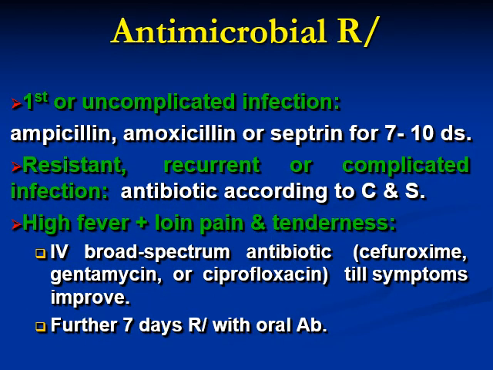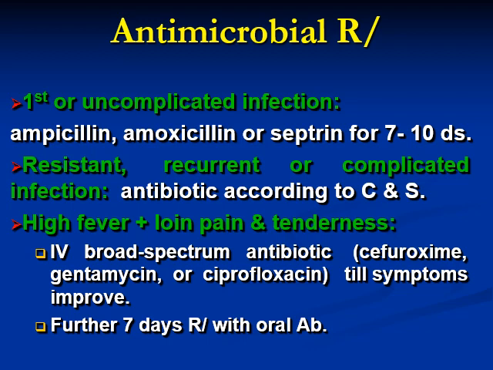The antimicrobial treatment differs according to the situation. So if it is the first or an uncomplicated infection, empirical antibiotics could be used in the form of ampicillin, amoxicillin, or Septrin for 7 to 10 days. But if it is a resistant, a recurrent, or a complicated infection, antibiotics should be given according to a recent culture and sensitivity.